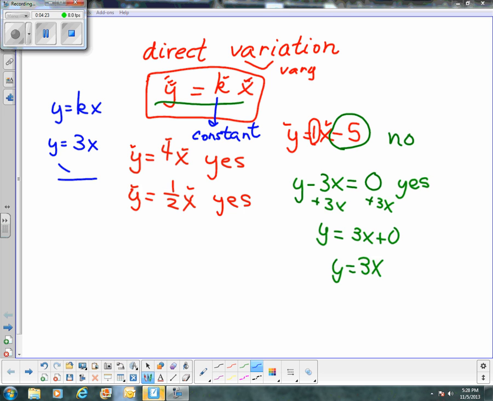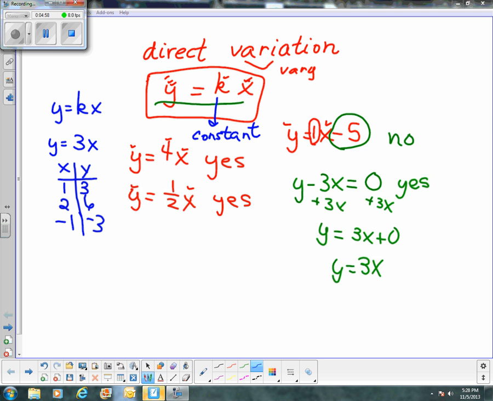If x is 1, 3 times 1 is 3. If x is 2, 3 times 2 is 6. If x is -1, 3 times -1 is -3. Now, the x values changed, the y values changed, but the 3, or k, has been constant. It stayed the same. Okay, that's why it's called a constant.